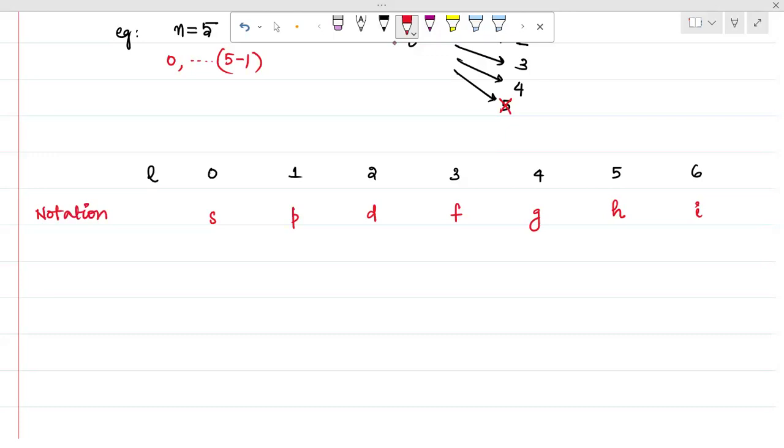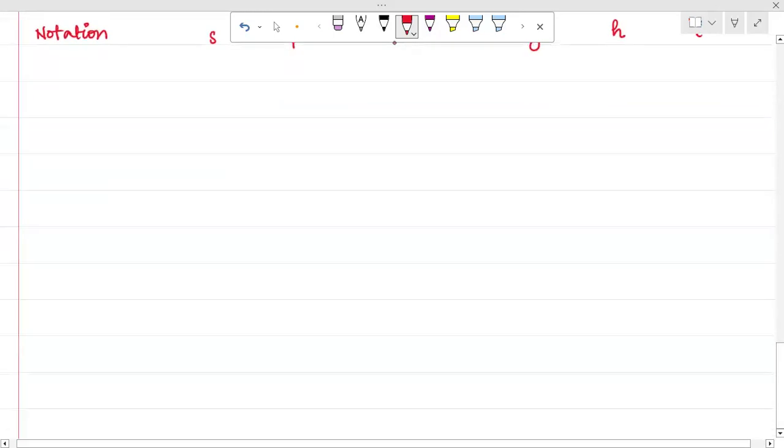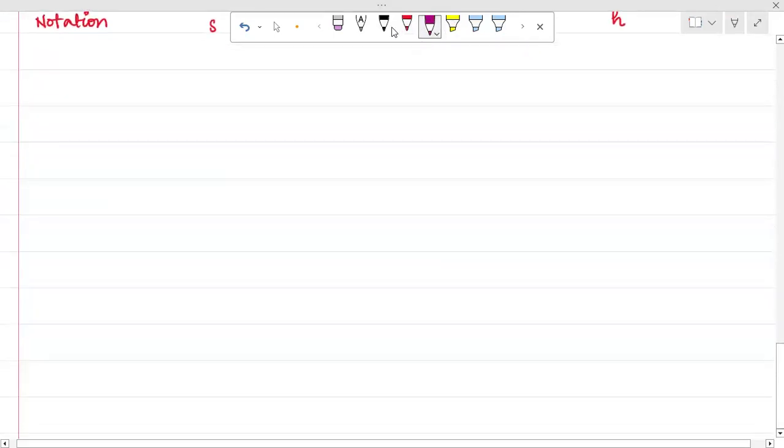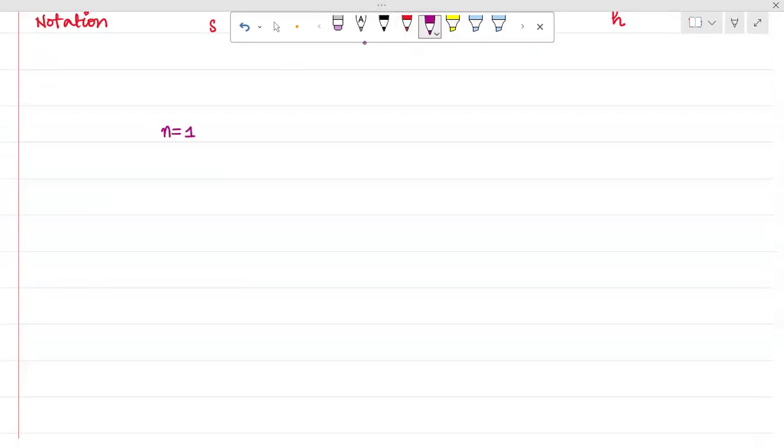What does the azimuthal quantum number represent? It represents your subshell. So that's how you address your electron. You first mention in which shell it is, and inside the shells there are many subshells, and you tell in which subshell the electron is sitting. So let's say that you have n is equal to 1.